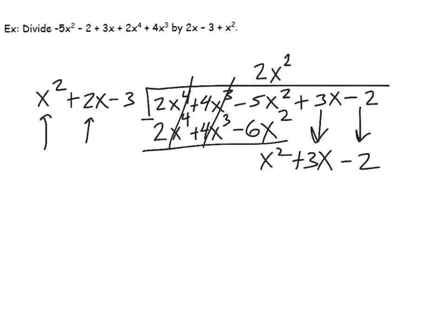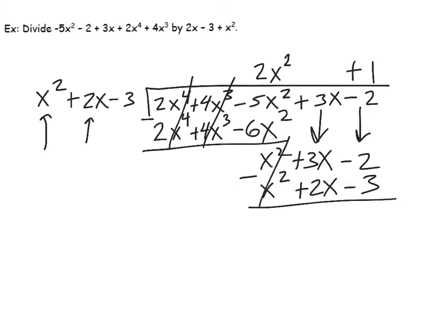But the other thing that this tells me is I've brought down my last term, so this is only going to have 2 rounds, okay? I need an x squared right here, and to get it, I need a plus 1. One times x squared, 1 times 2x, 1 times negative 3, right? All right, we'll cancel there. I knew that would happen.